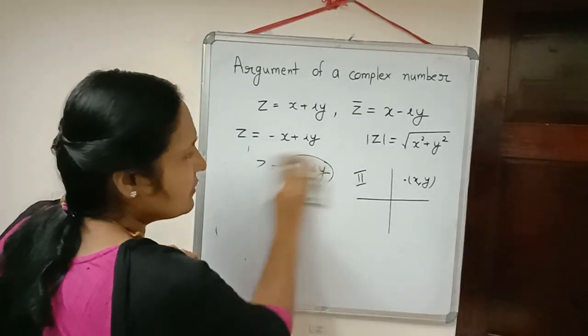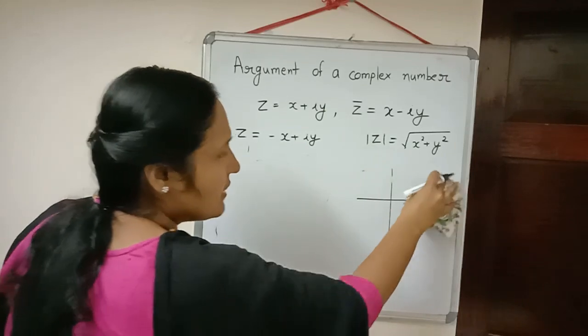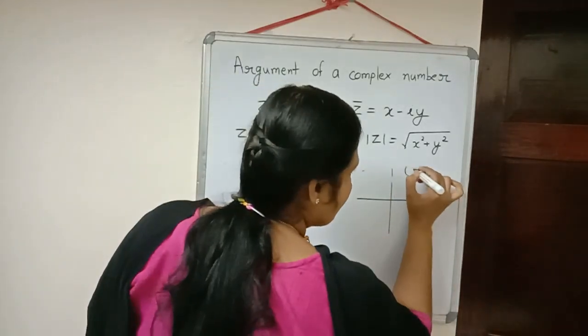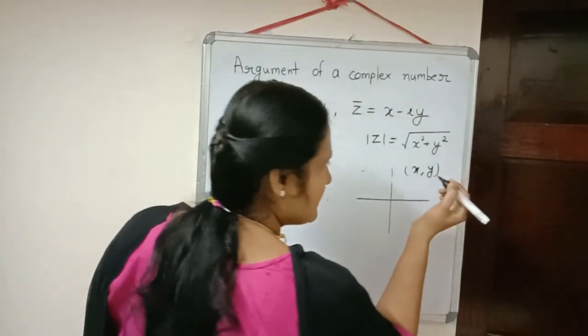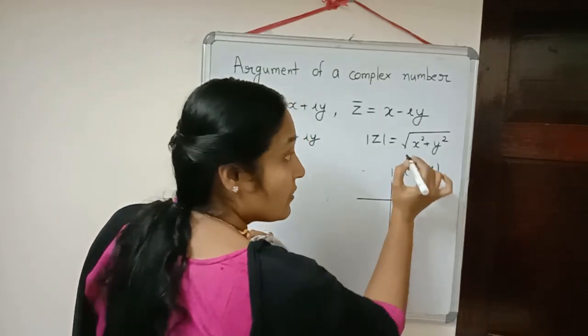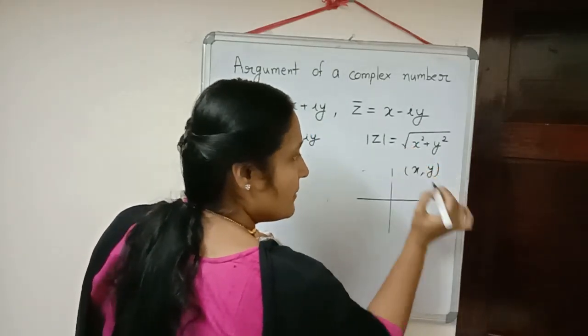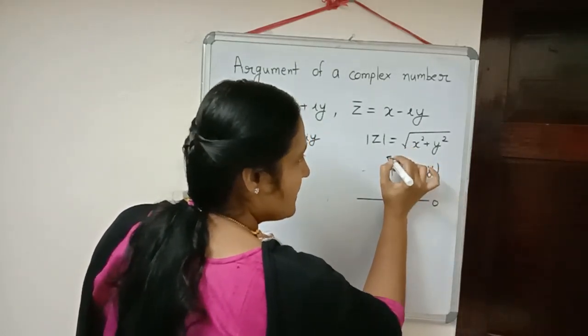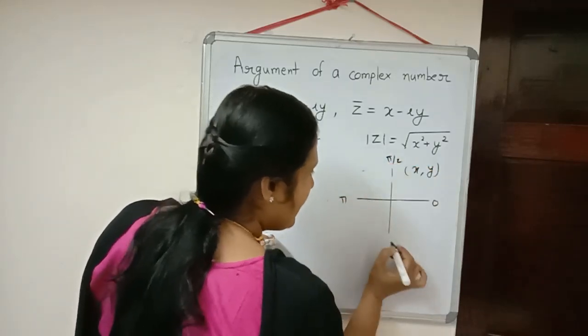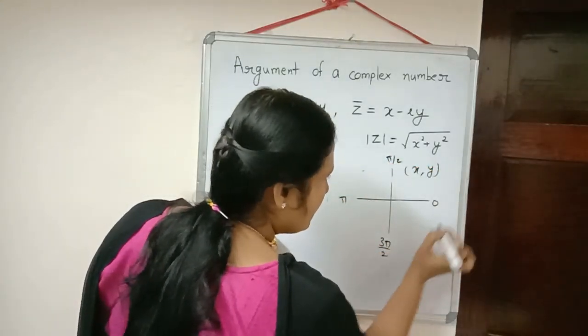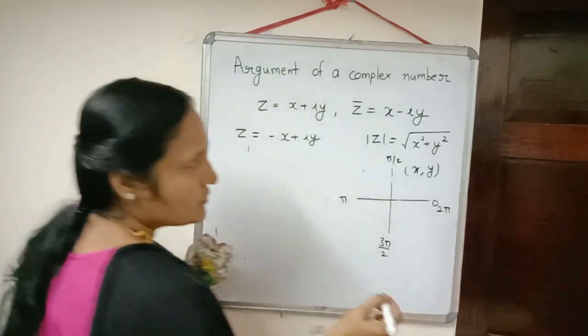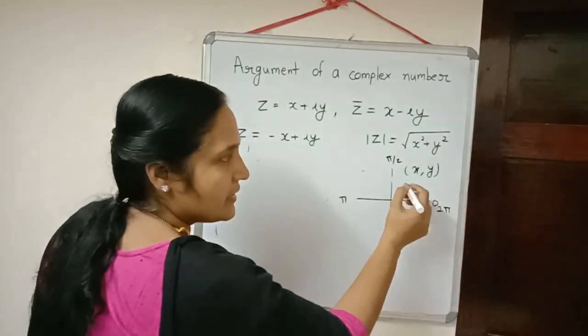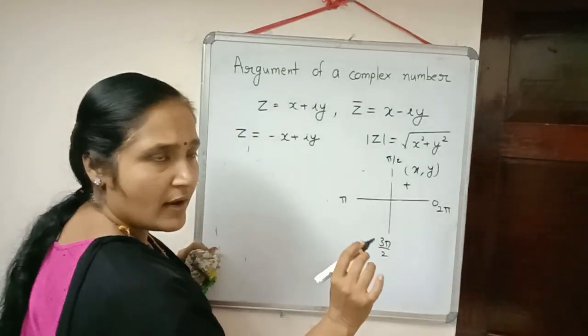Okay. For that I will give you a simple way of doing it. If the points are in the first quadrant, obviously we will not need any special concept of trigonometry there. Here it is 0 degree, pi by 2, pi, 3 pi by 2 and again 2 pi. If the point is in the first quadrant, all are positive.